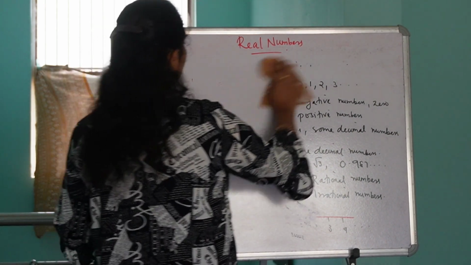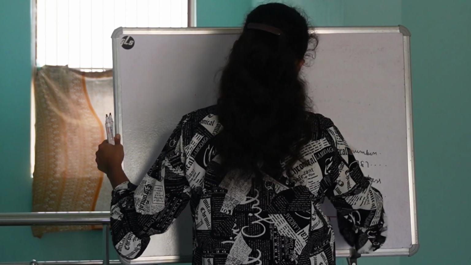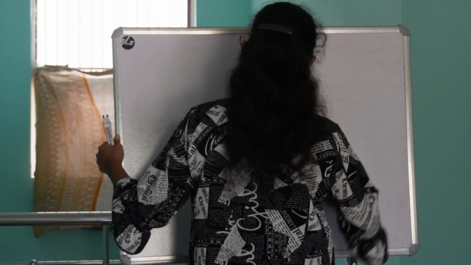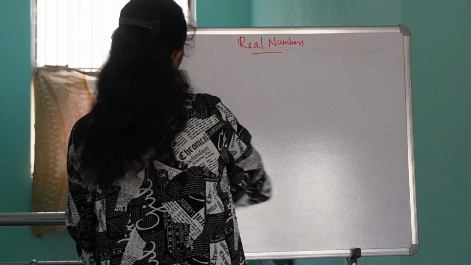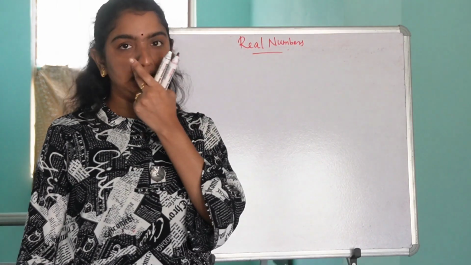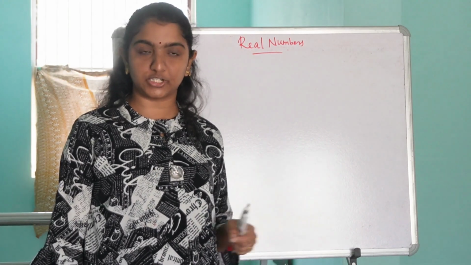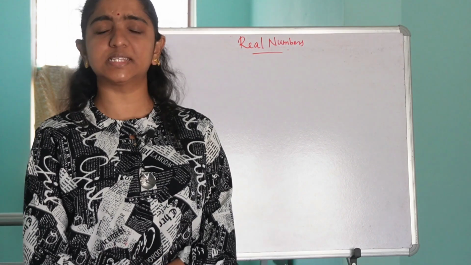Now let's discuss some more about these real numbers. Now we all know real numbers can broadly be classified into two as rational numbers and irrational numbers. If you are given an integer and you are asked whether the given number is a rational number or irrational number, you can answer it immediately.